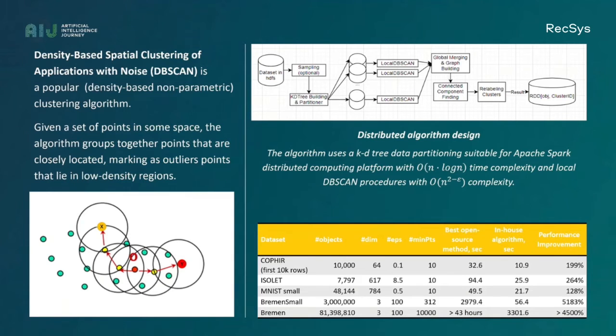It's a density-based non-parametric clustering algorithm for spatial clustering of applications with noise, and it also finds outliers, identifies and marks outlier points that lie in low density regions. As we learned, sparse environments don't have good DBSCAN solutions, and those solutions we located work too long at best and cannot handle larger scenarios.